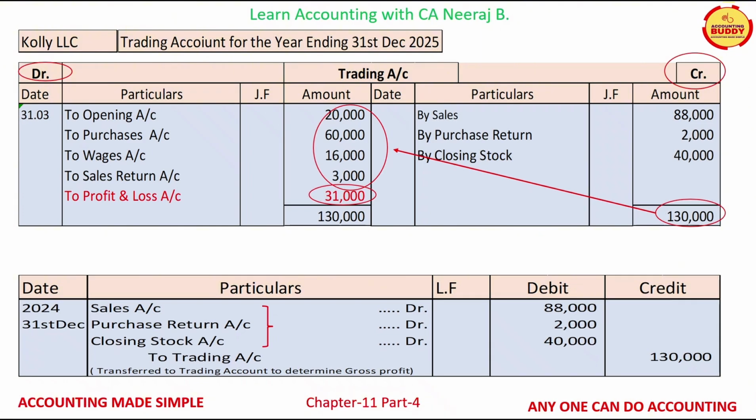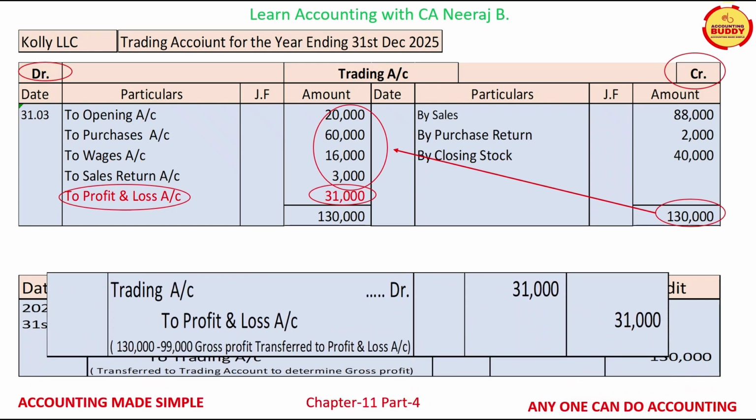It is displayed by writing the words to profit and loss account, which means the gross profit of the business is transferred to the profit and loss account. This will make the total of the debit side also equal to $130,000, and the trading account is said to be balanced.